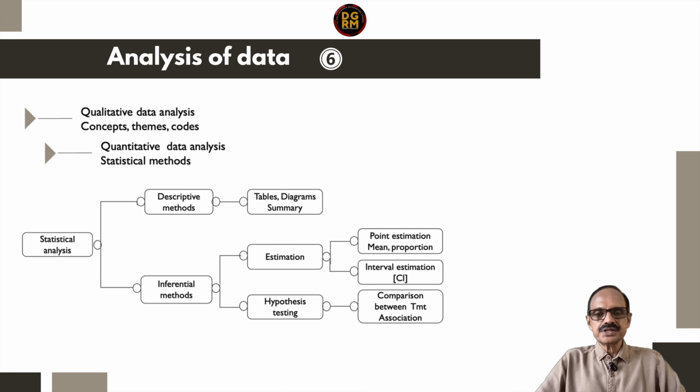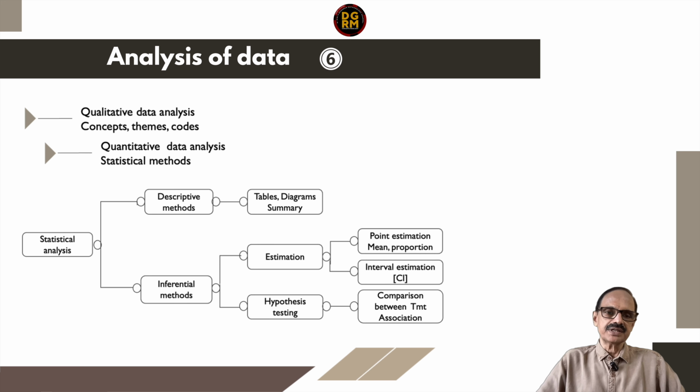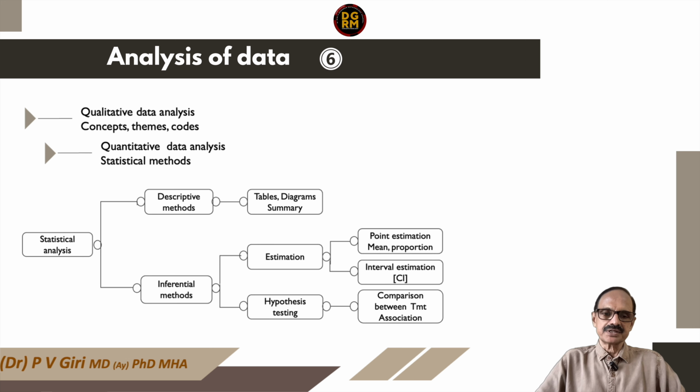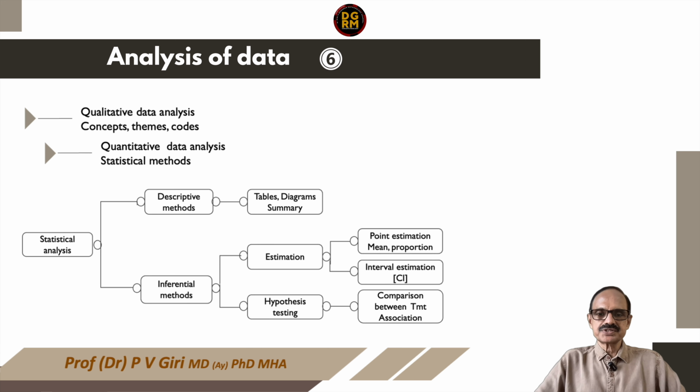We are coming to the analysis of data. In qualitative research, we will get the results in qualitative data only. There are different ways of analyzing it because we get the results in concepts, themes, or codes like that. In quantitative data analysis, we use statistical methods: descriptive statistics or descriptive methods, and inferential statistics or inferential methods.